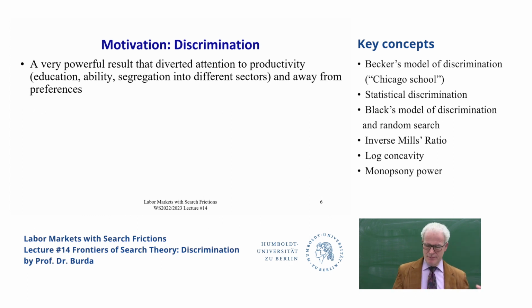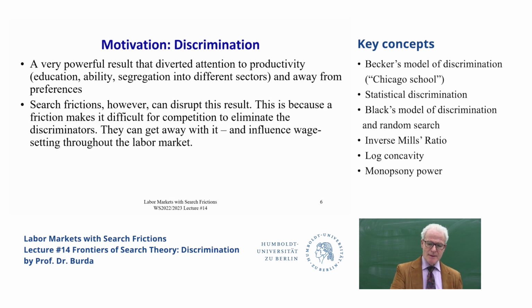So in the background there's an explanation of self-segregation, and we have to deal with that as well, and we know the Scandinavian countries have tried to deal with that by direct policies of intervening to help women cross that boundary. But it turns out the subject of today's lecture is that search can also break the Chicago result.